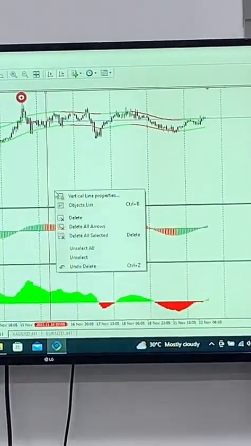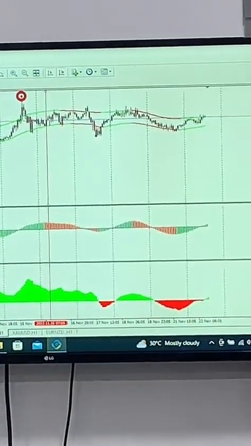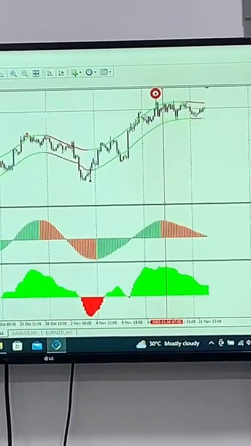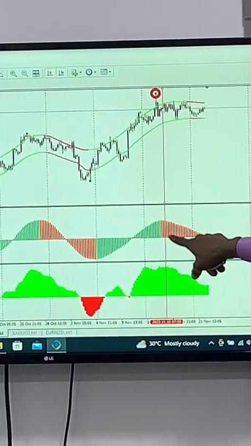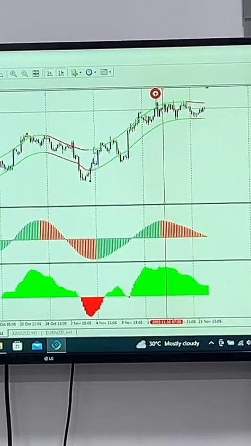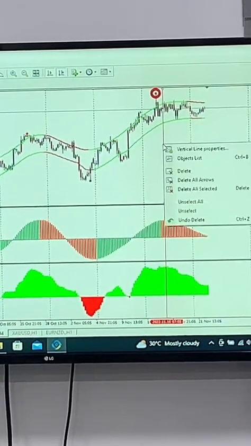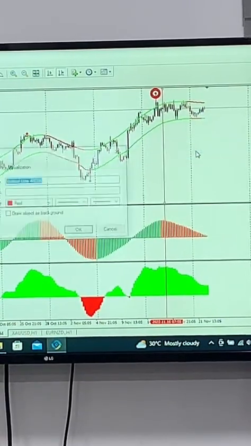If we look at our 4 hours time frame, let's say the 4 hours time frame just began its sell here. What I'm looking at as a sell is my TMA MACD. Let me just increase the thickness of the line.